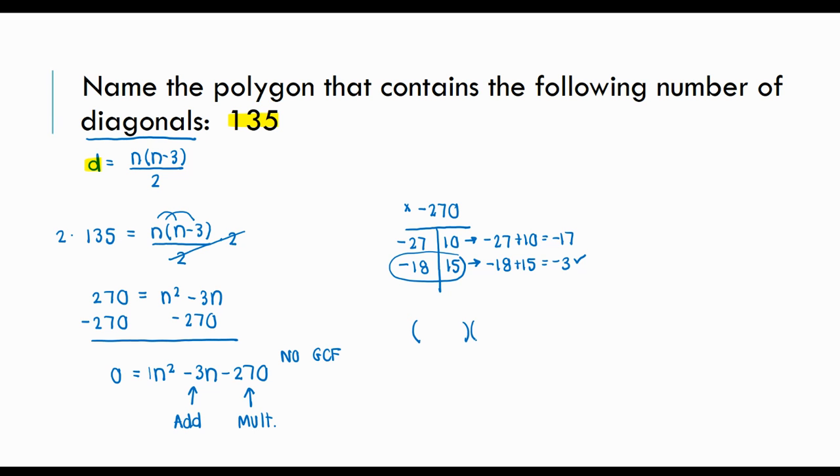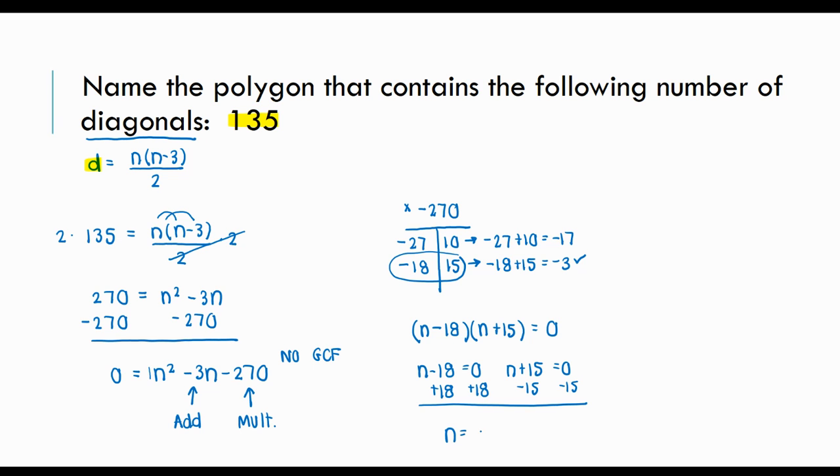So when I'm creating my factors, where it's still going to be set equal to 0 because we still have an equation, I have to start each of my factors with n because n times n is n squared. We'll be dealing with a negative 18 in one of the parentheses and a positive 15 in the other. I will set each of those that contain an n equal to 0, which means we are adding 18 over to the other side and subtracting 15.